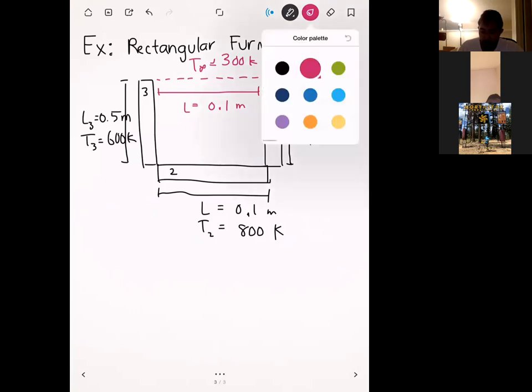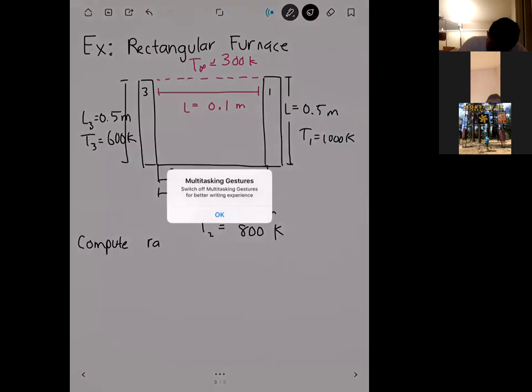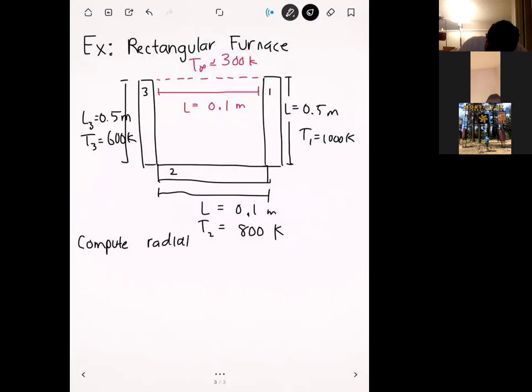In this problem, what we want to do is compute the radiation exchange between the different surfaces. In particular, we want to compute the radiation exchange between surfaces 1 and 2. Next, we're going to do surfaces 1 and 3.